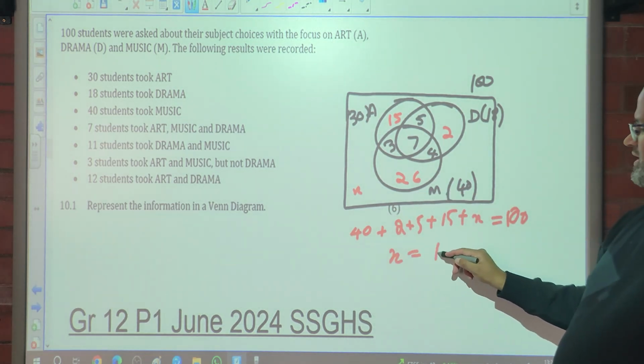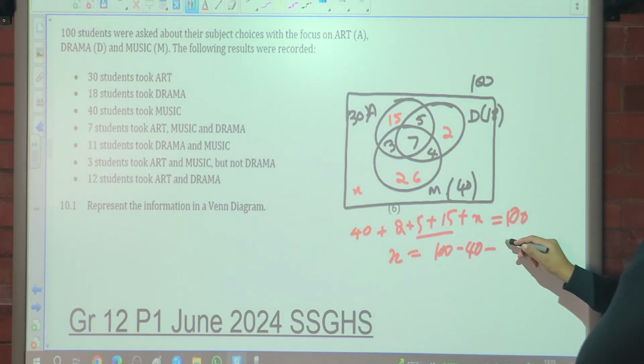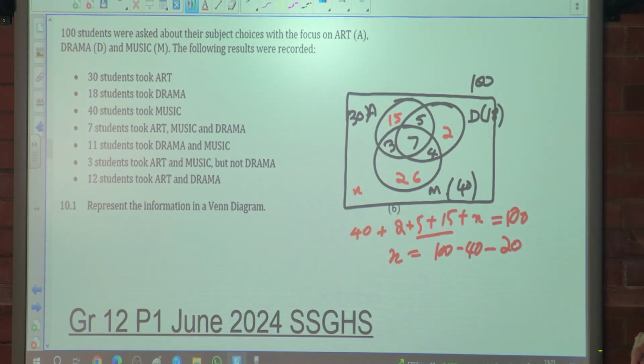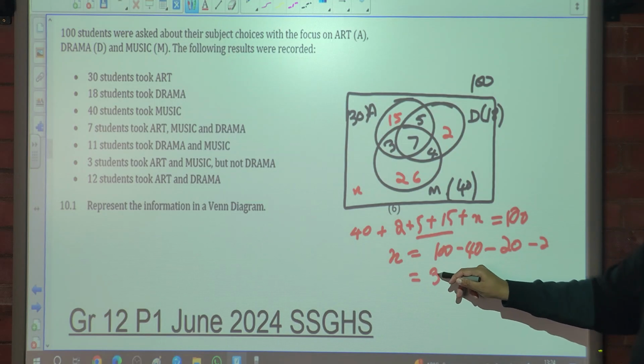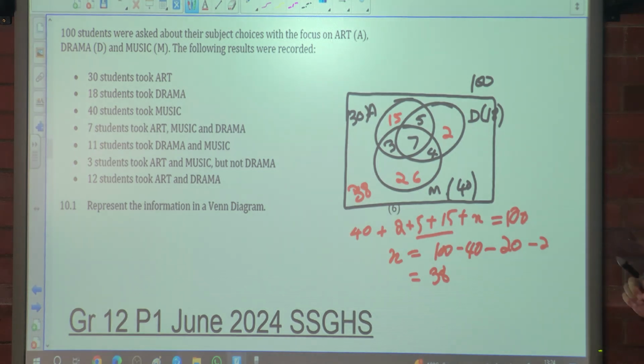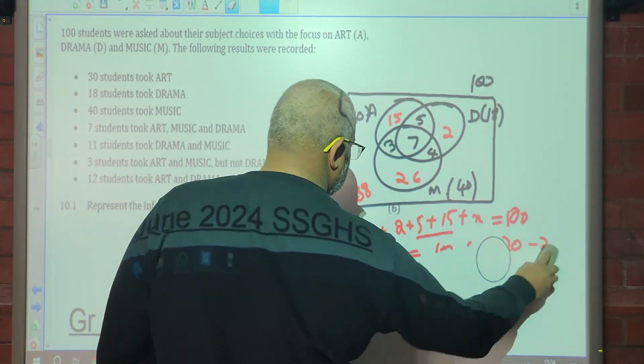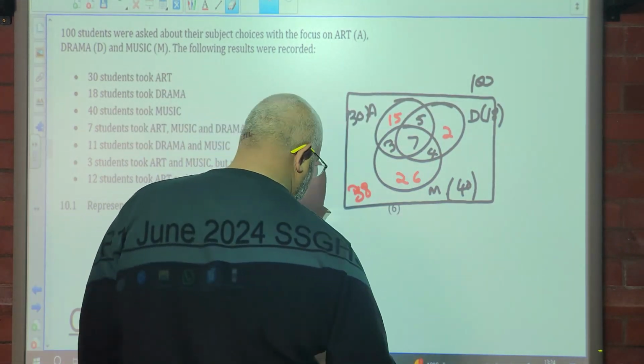So x is equal to 100 minus 62, which gives an answer of 38. So there are 38 learners who don't partake in any of the subjects under consideration. Do you guys understand? And that's how you get 6 marks for this question. You see how easy it actually is.